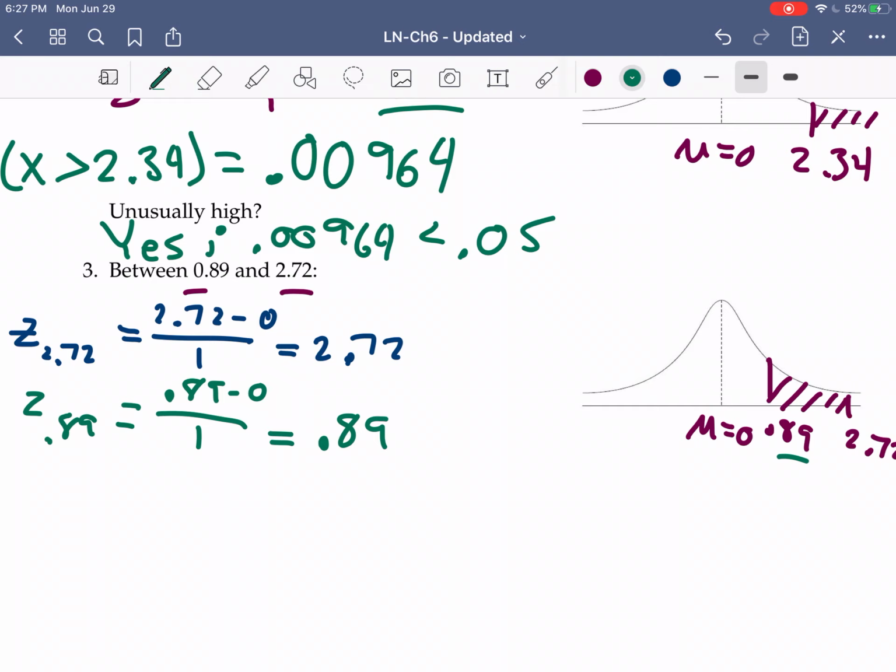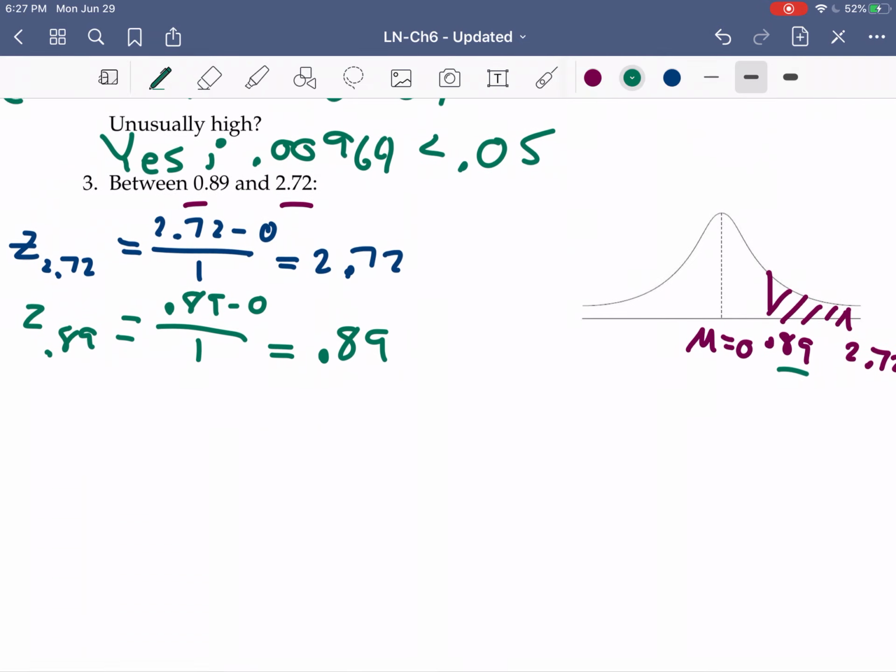We will never, ever, ever subtract two z-scores from each other when we are trying to do this. If we took 2.72 minus 0.89 and found an area associated with that, that would not tell us anything meaningful. So we'll find the area associated with this.